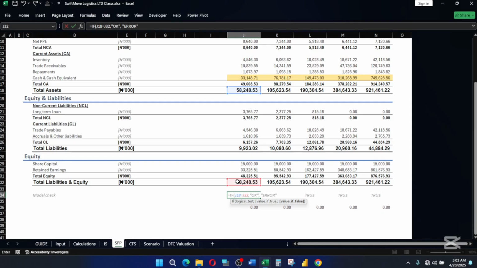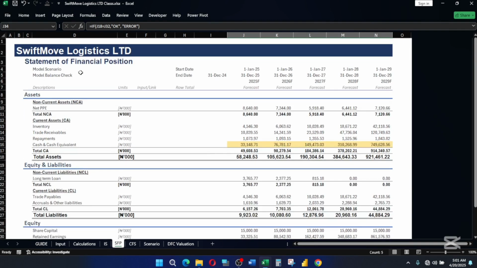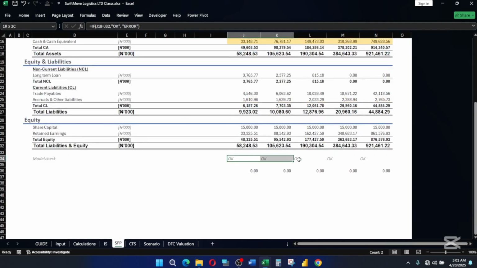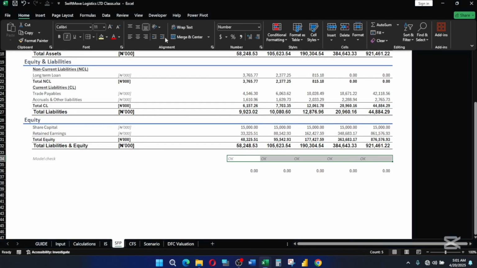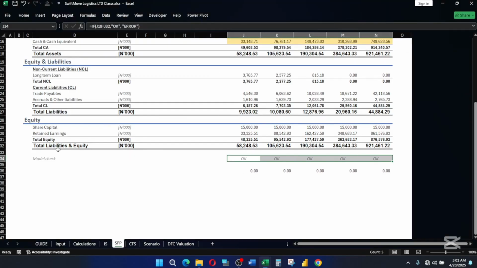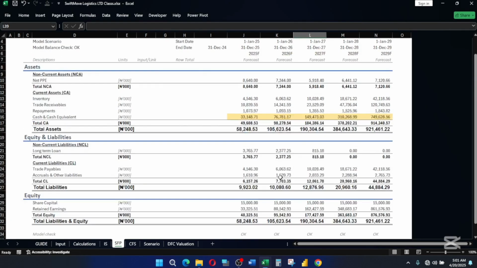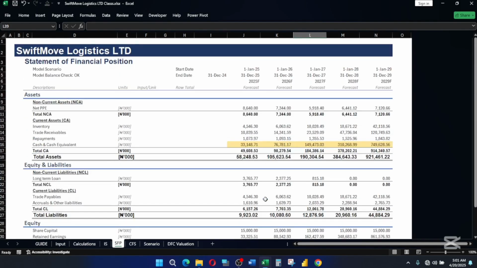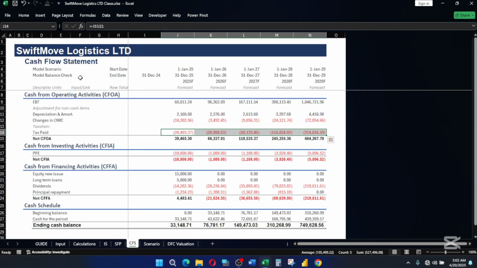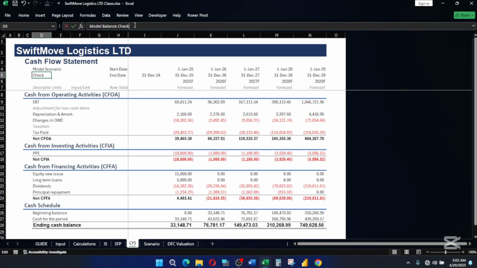Enter. Because it's okay, it's now okay. So we can now come to our model check and say okay. So everything is okay. Then fill this and just centralize it. Now you can go ahead and delete this. So this is what we have. Our financial statement has balanced. You can go ahead and edit this and say okay.